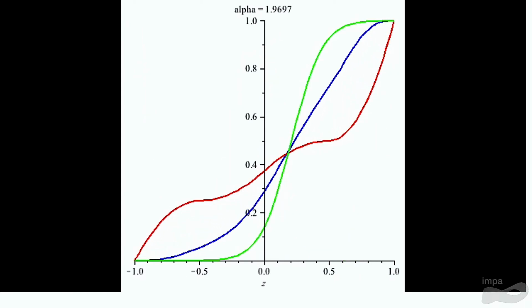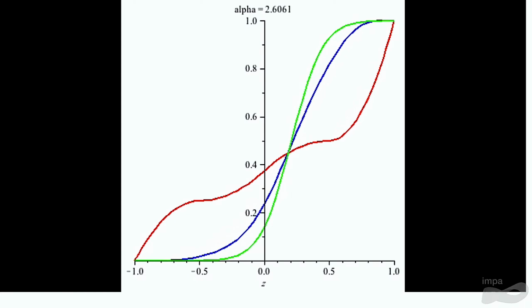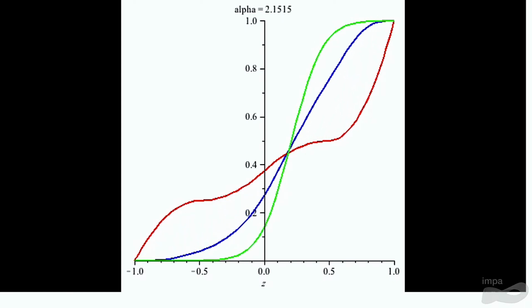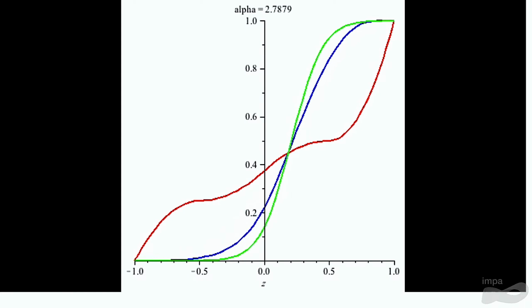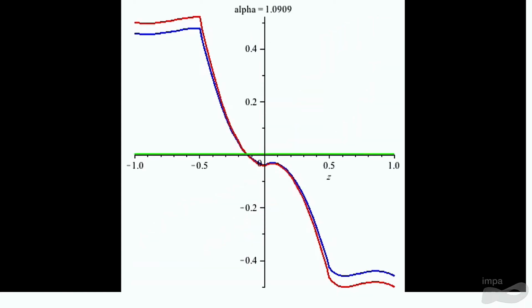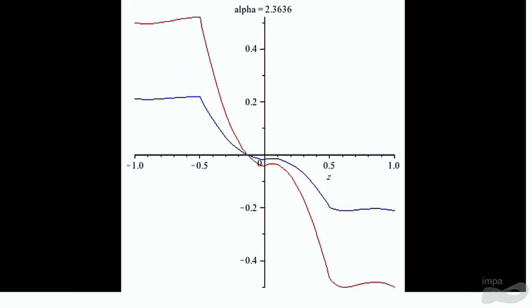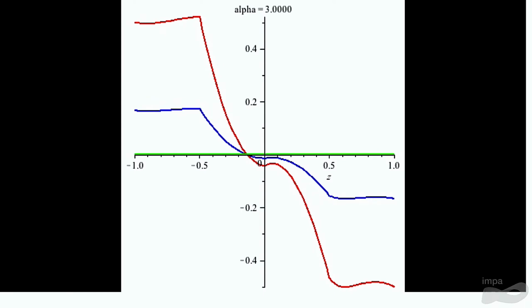But the cumulative and the probability density approach the limit, the CSS, very quickly. So the invariant is the thing that takes the longest, but it's doing most of its work near the mean.